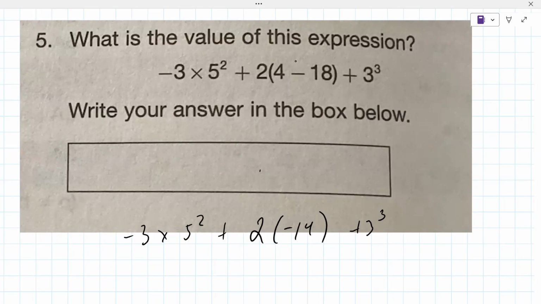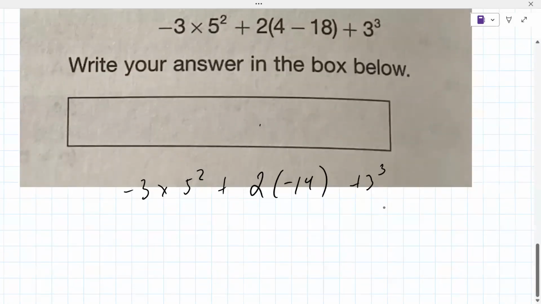Then you do the exponents next, right? So the 5 squared and the 3 cubed. So it would be 25 and 9, I think. So 3 to the power of 3 is 27.